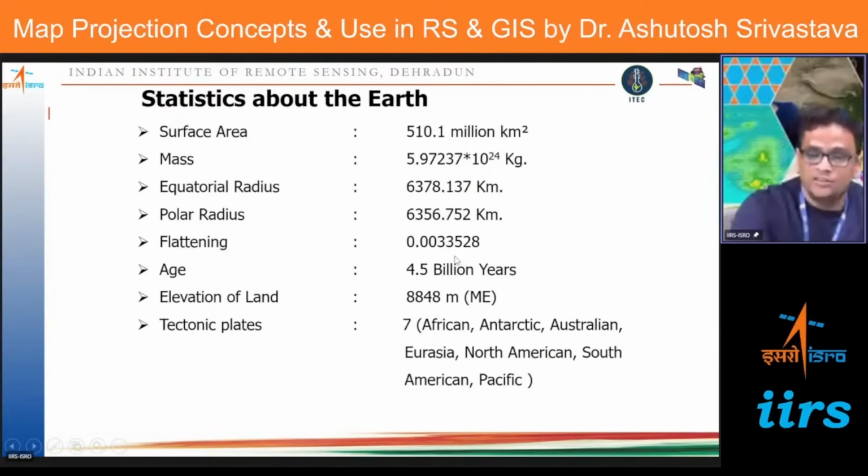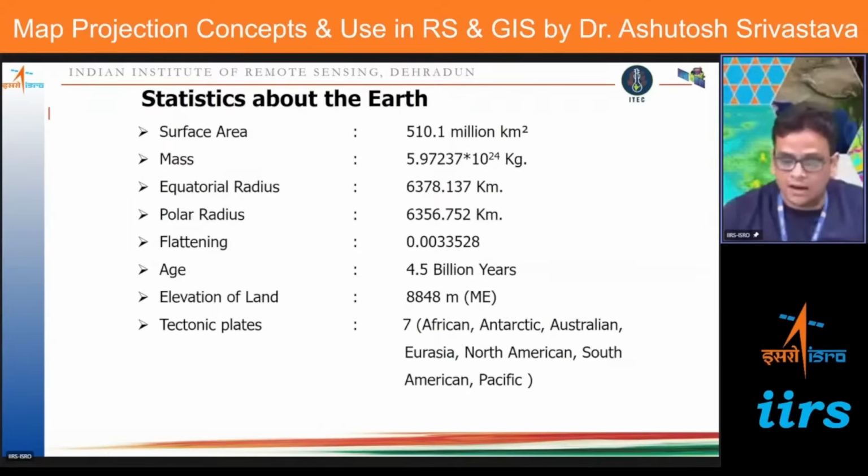The flattening coefficient is around 0.0033528, which shows the flattening. The age is around 4.5 billion years, and for the elevation of land with respect to mean sea level, Mount Everest is 8848 meters with reference to sea level. It comprises 7 tectonic plates: African, Antarctic, Australian, Eurasian, North American, South American, and the Pacific.